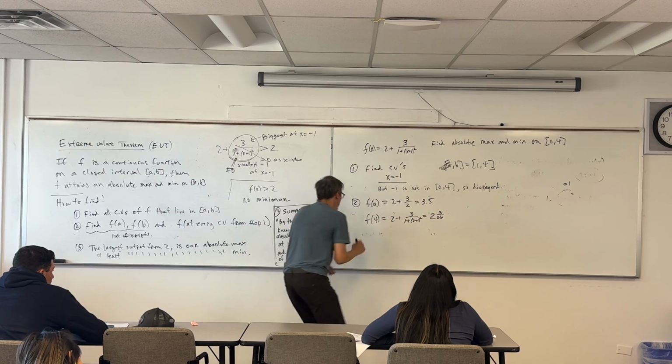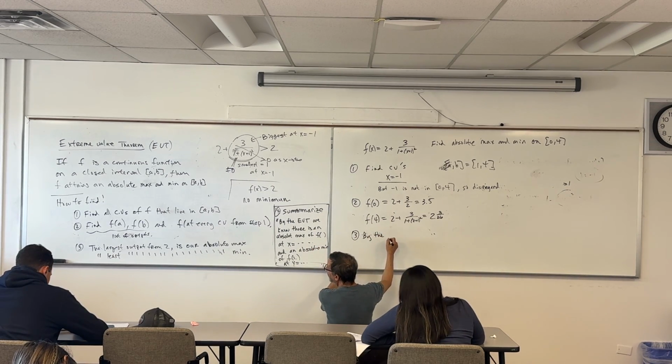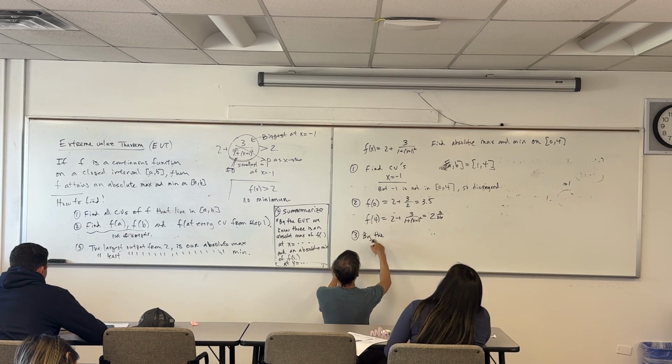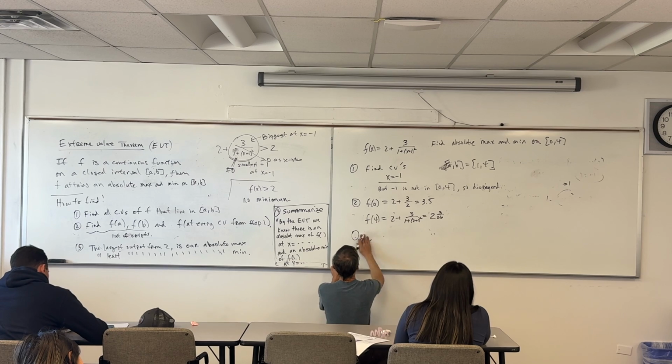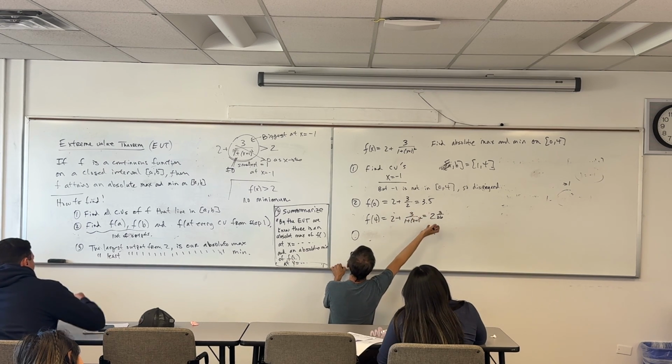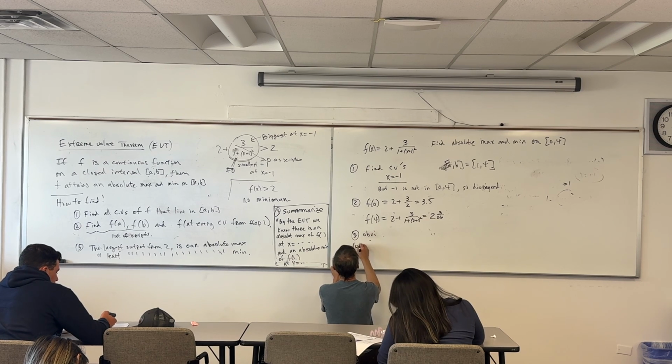We're done. Step 3 is kind of like look for the largest and smallest, so let's just skip that. It's pretty obvious who's biggest and who's smallest here. Step 4 is summarize.